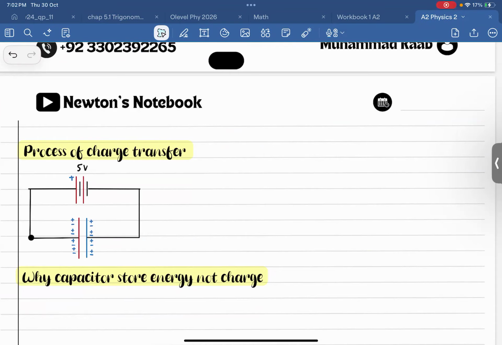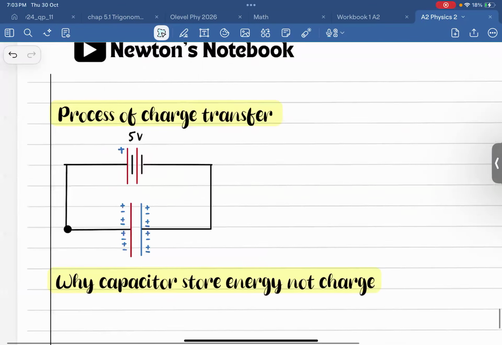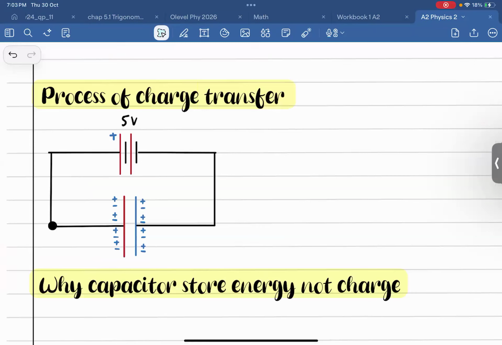Can anyone explain to me how you can transfer the charge? Because if you look at the circuit, the circuit is not completed yet. Let me just open the circuit for now. Initially the circuit is in this stage.